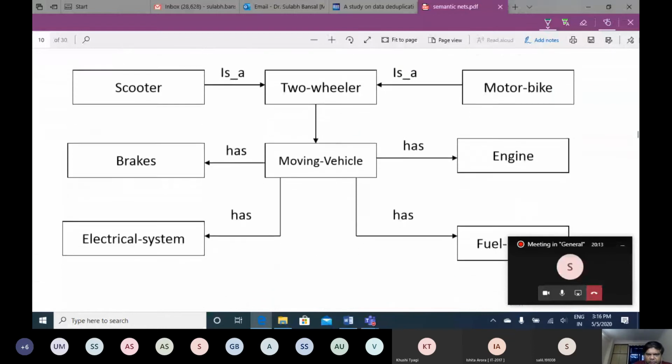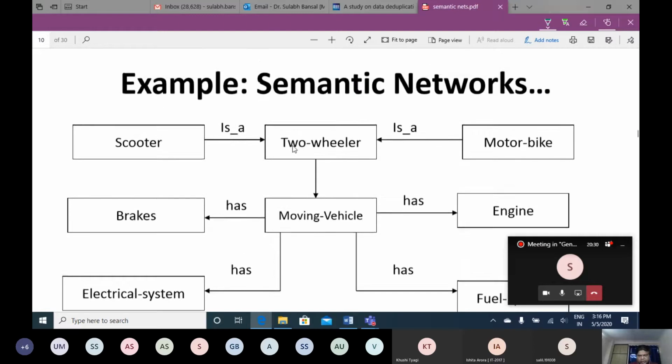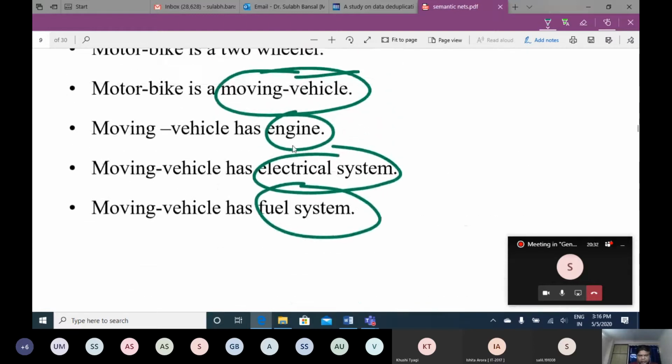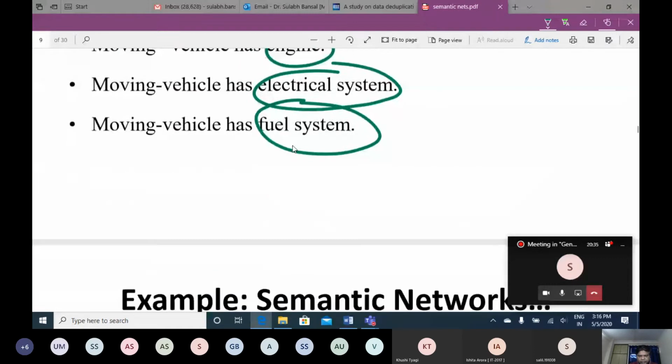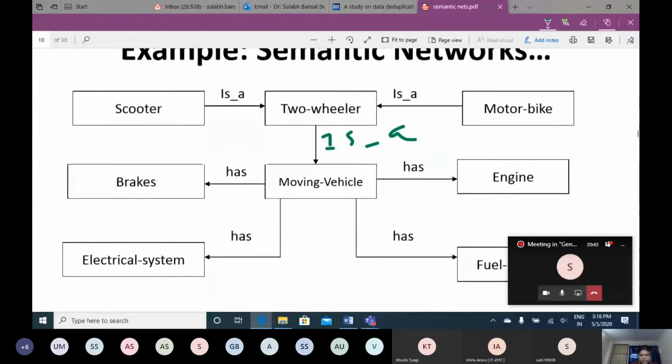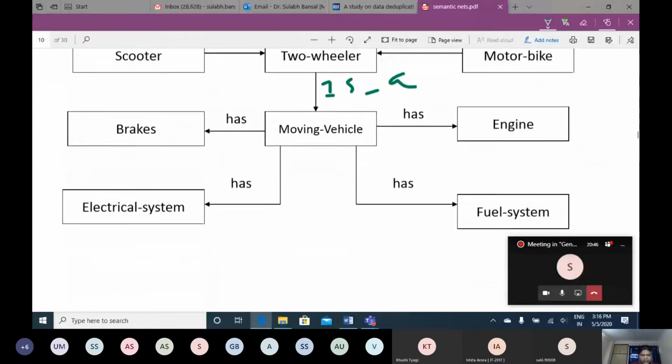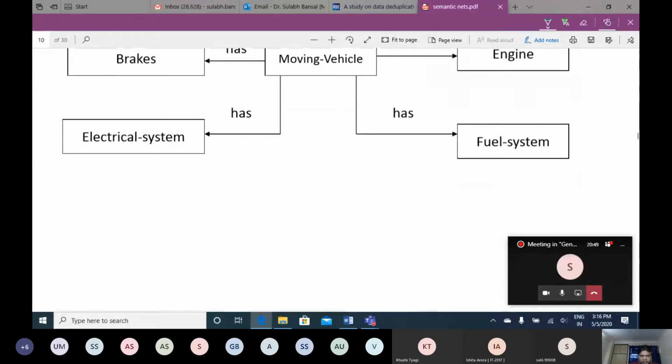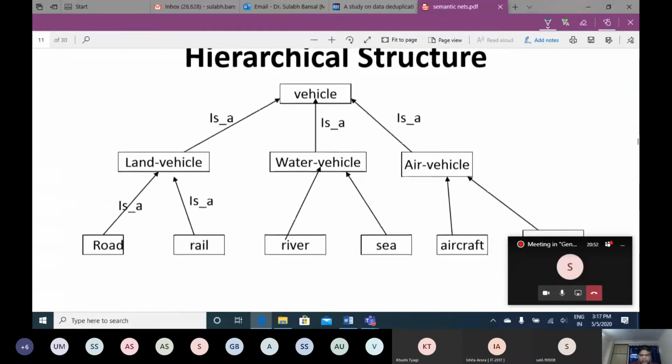So we just have to draw something like this: scooter is a two-wheeler, motorbike is a two-wheeler, two-wheeler is a moving vehicle. Moving vehicle is a superclass. So here you write that two-wheeler is a moving vehicle, and then moving vehicle has all these things. That is how you can draw.